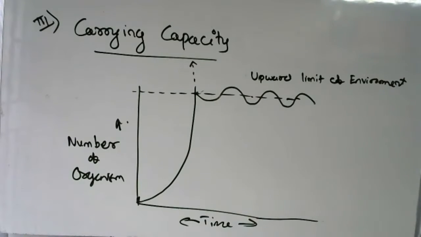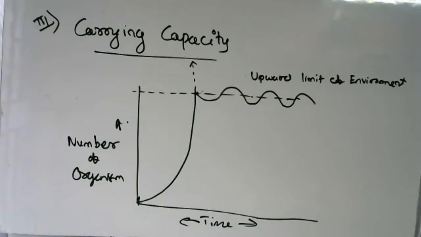Decrease in supply of food per population reduces the number of organisms and their survival.